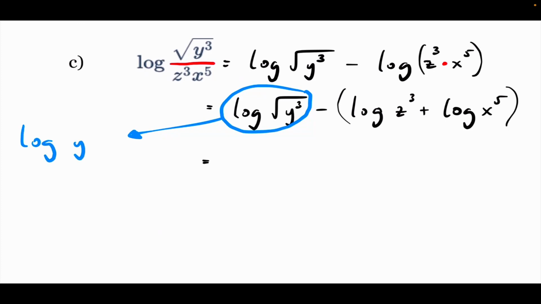If I wanted to get rid of the root, what power would I have to give Y? 3 over 2. Because 3, it's got the power, and then 2 goes on the bottom. So this is the same as 3 over 2.